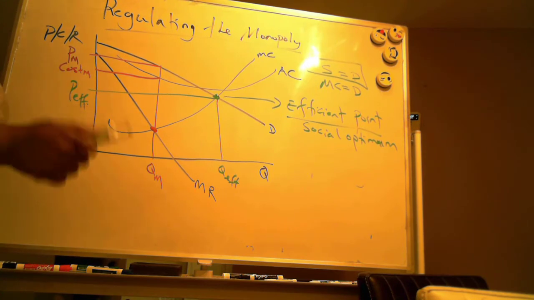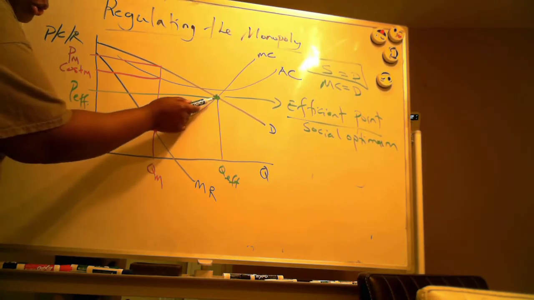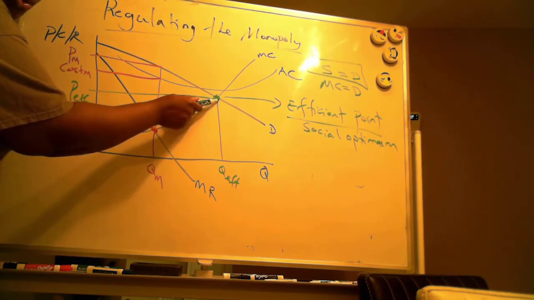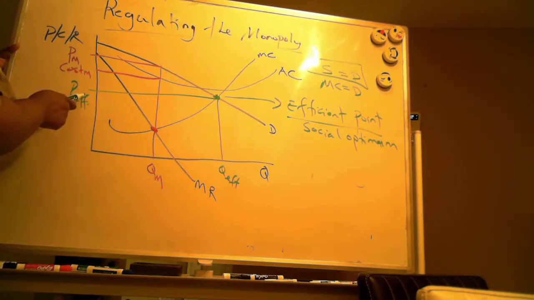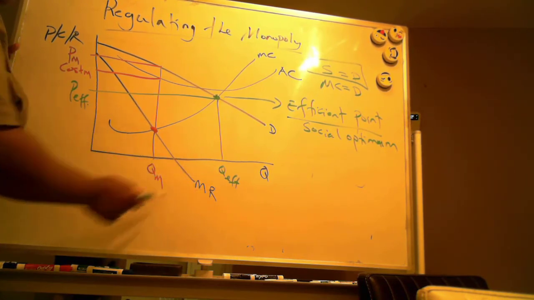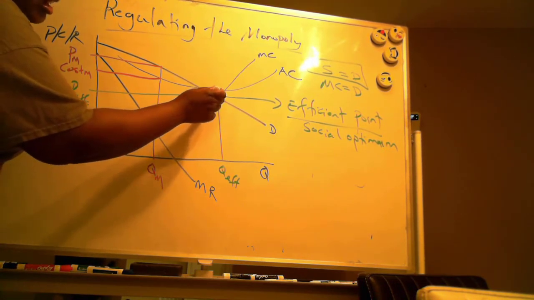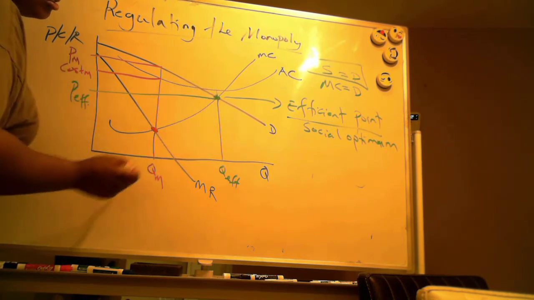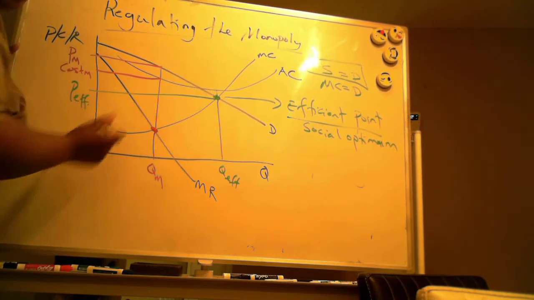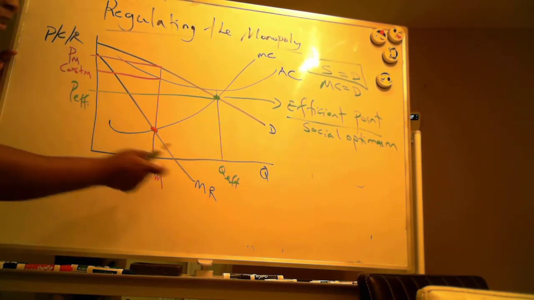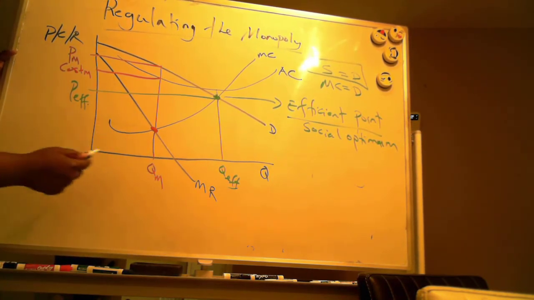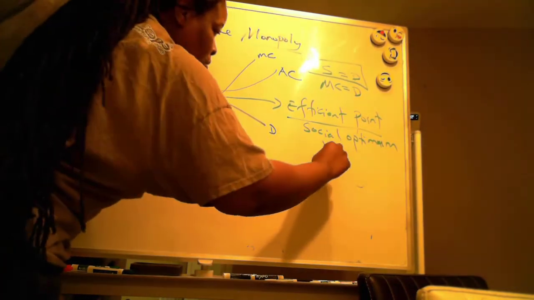Now, if you have a keen eye, you should notice that if this point is chosen and the firm is charging P efficient, which is pretty low, and giving a quantity Q efficient, notice the cost. It's all the way up here. So the first option of regulation, an efficient point, leads to a loss.